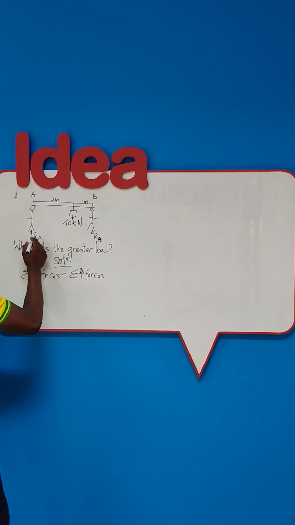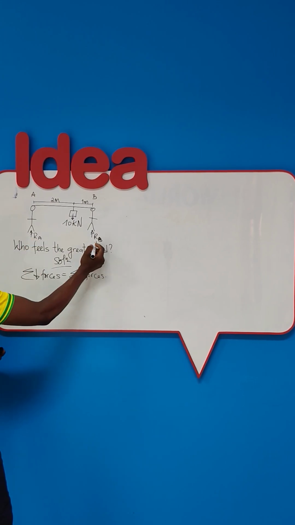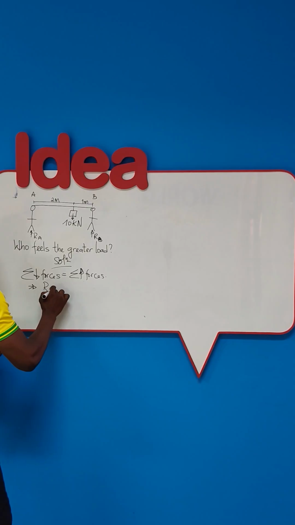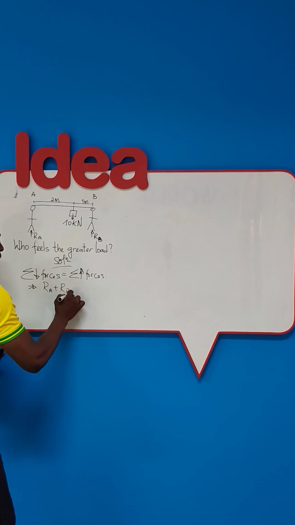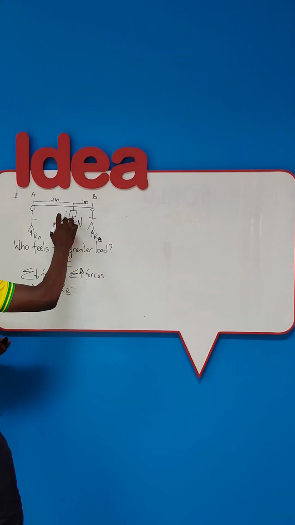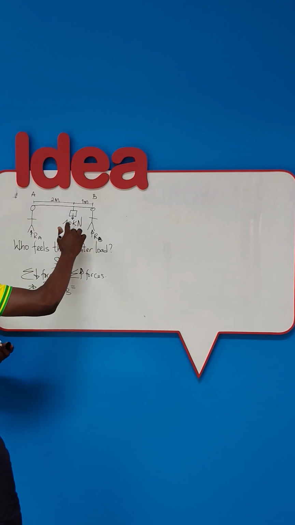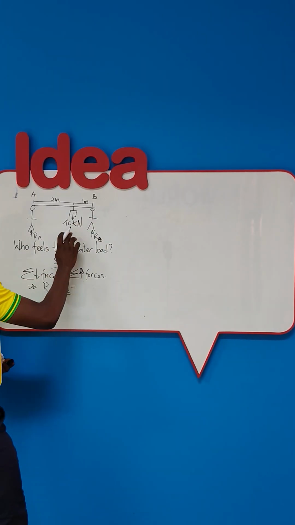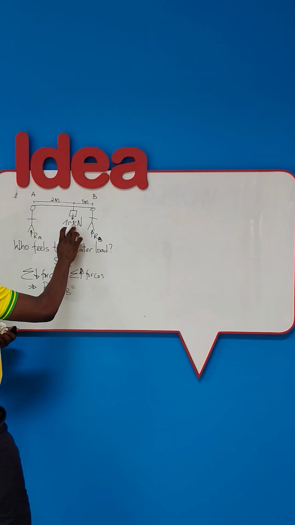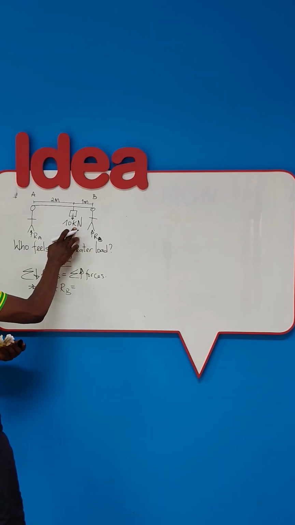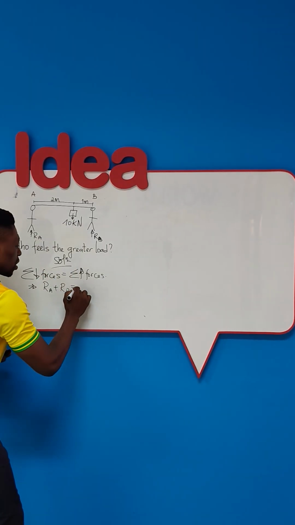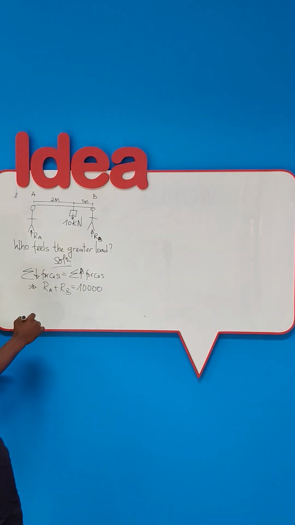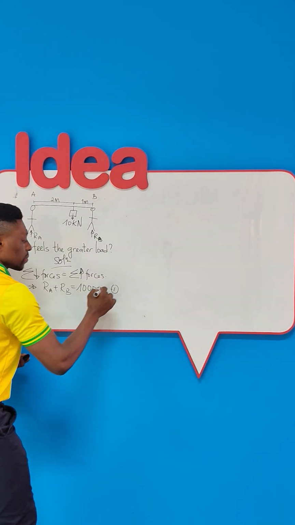We have upward forces, only RA and RB. So this implies RA plus RB has to equal the downward force. The only downward force in this question is 10 kilonewton. To avoid mistakes, I'm going to write the direct meaning of the prefix k, which is 1000, so 10,000. I can call this equation 1.